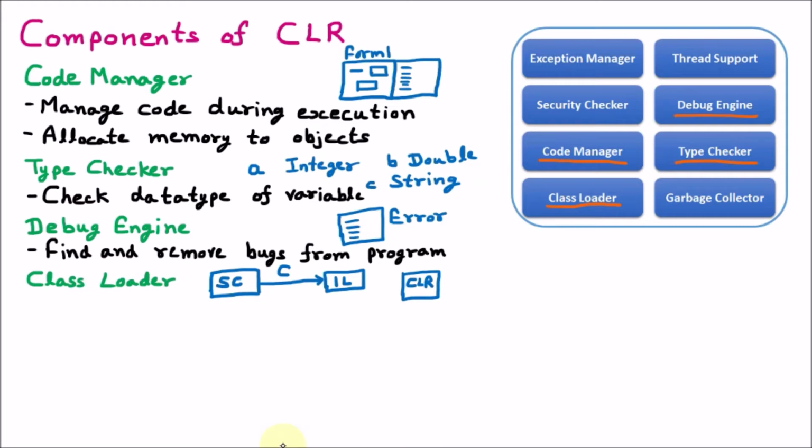Assume that I am giving you an exe file, you double click on the exe file and it runs on your system. Or if I give you a project, you double click on that and the project starts on your system. Now who loads that project? Who loads all those files? That is the task of the class loader.